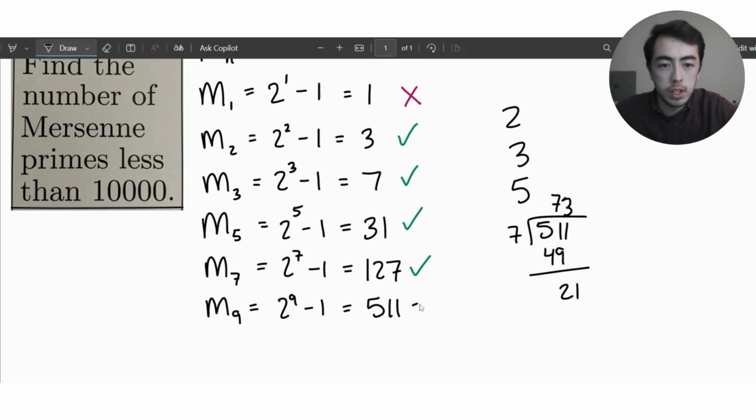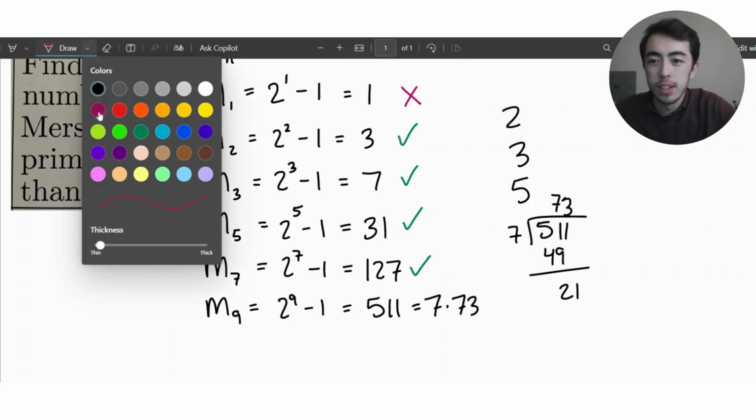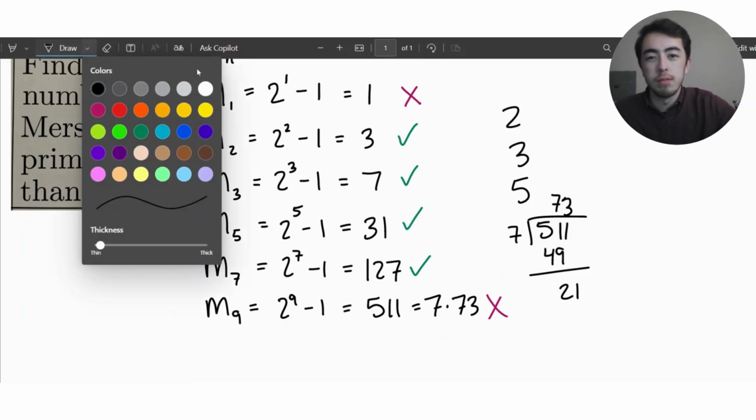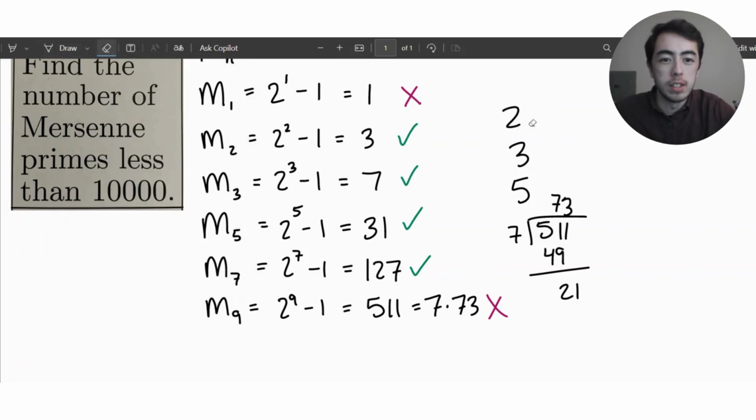So this number right here is 7 times, wait, is that how it works? 7 times 73? Yeah, okay. And that shows that it's composite, and I have not found a Mersenne prime. So it's still a Mersenne number, kind of, because it's 2 to the power of something minus 1, but I was able to factor it, and so it is not a prime number.